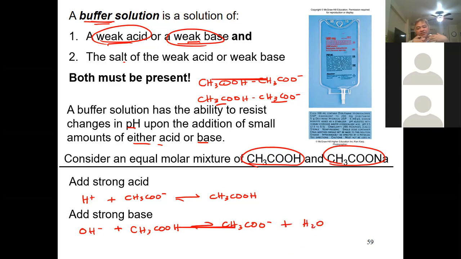So if you're going to look at the composition of the base, both components act either as a reactant or as a reactant and a product, or as a product and a reactant. So na-maintain nila yung pH. But they have a limit, yung tinatawag na buffering capacity. So sometimes the acids and the base that's added can overrun the buffer system.